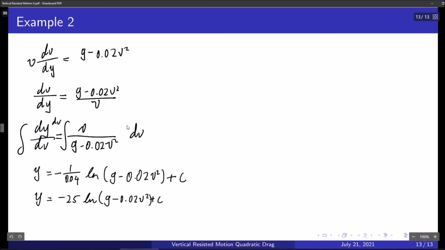Okay, so what is c? Here it is actually not that hard to find because we have a lot of information.